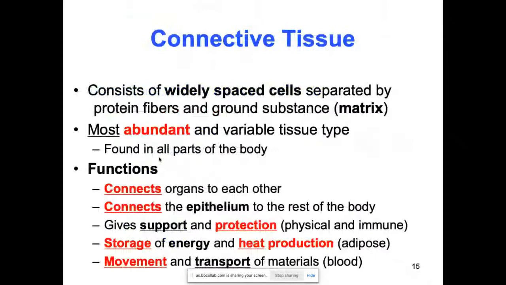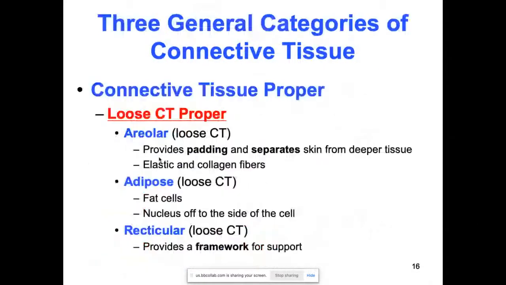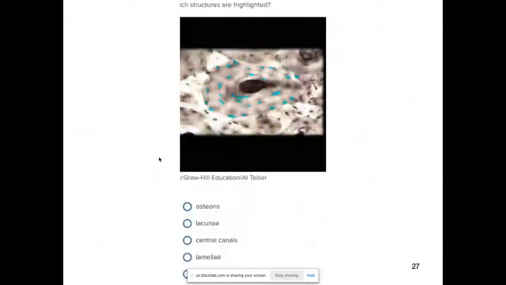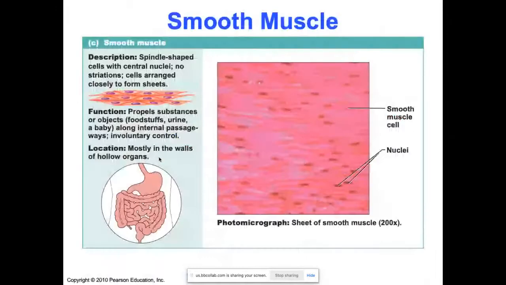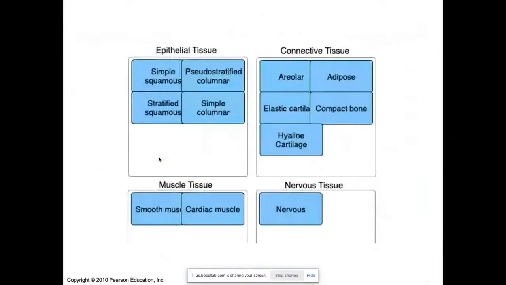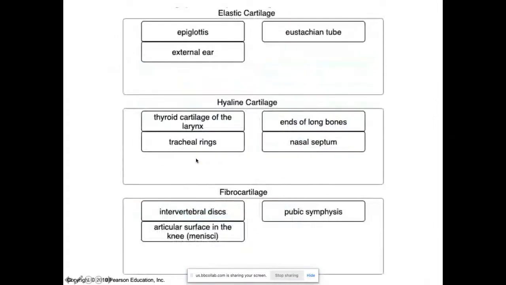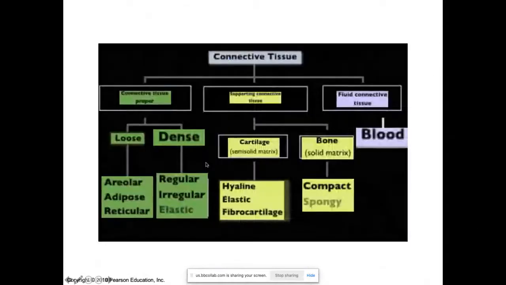The reason it's important to know those is because, as I go further, there are questions that pop up that want you to drag and drop, like what falls under loose connective tissue: areolar, adipose, and reticular. What falls under dense tissue: regular, irregular, elastic.